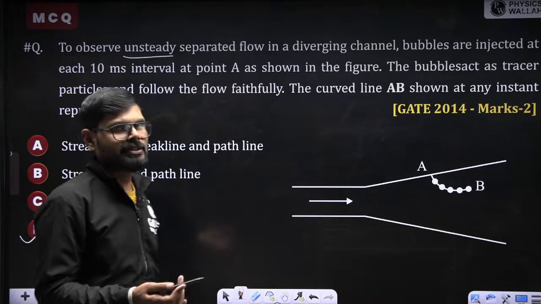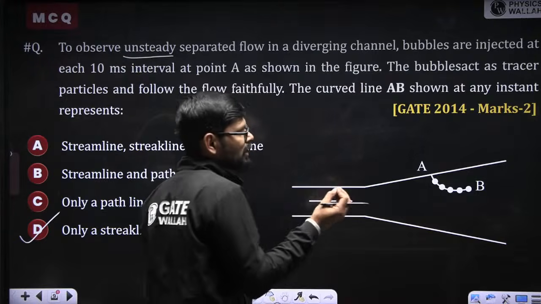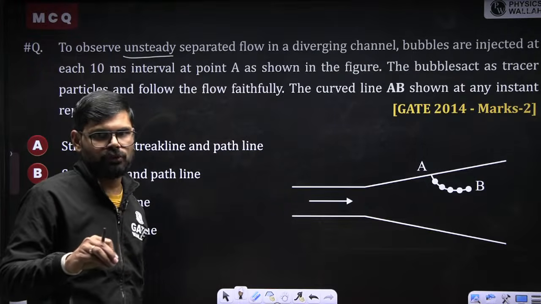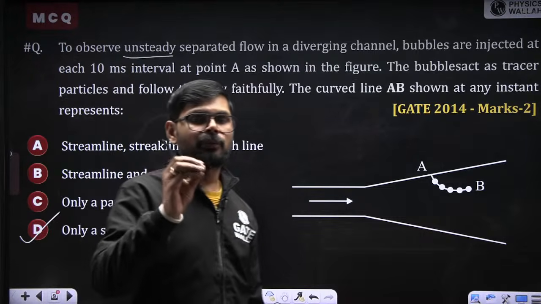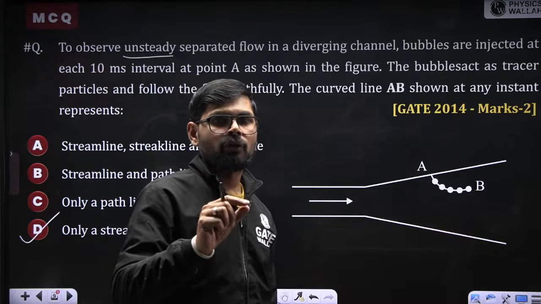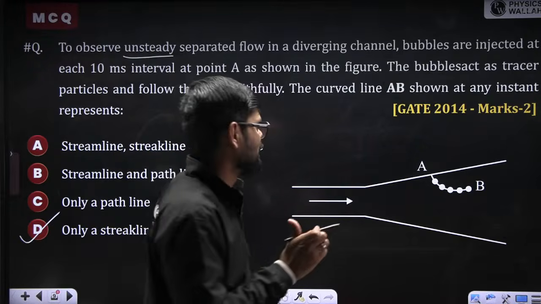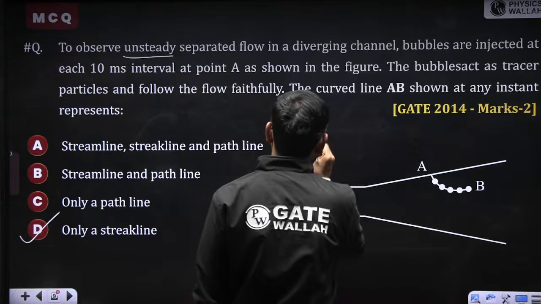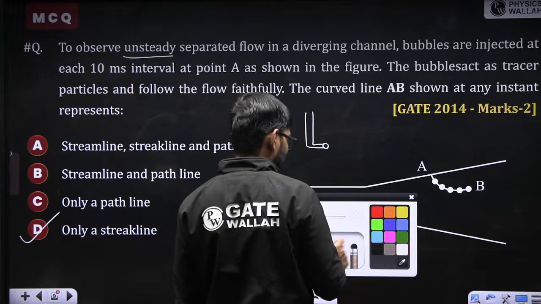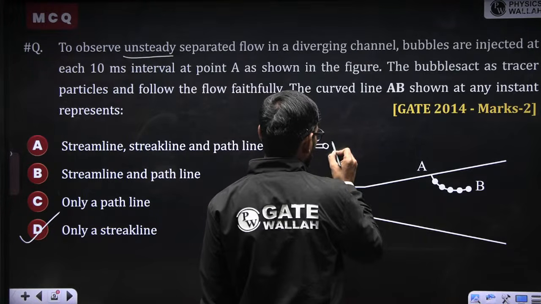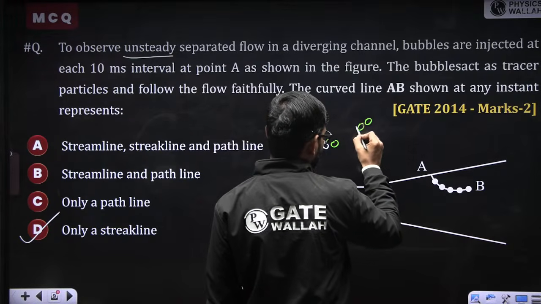So what is a streak line? A streak line is the current position of the molecules which have passed through the same point, matching the initial point. Here some bubbles are coming out. The first bubble comes out and reaches here after some time, then the second bubble, the third bubble.